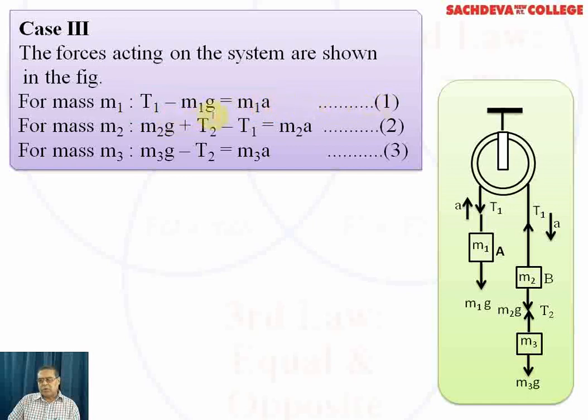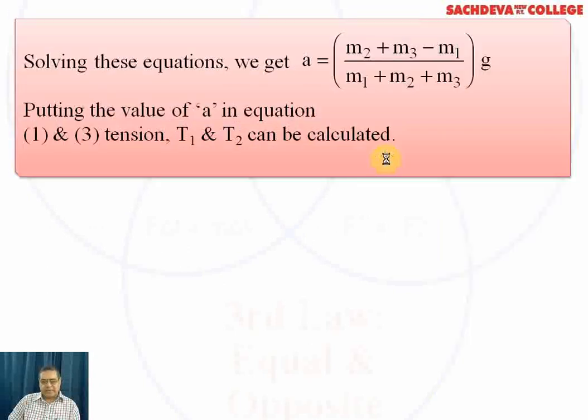Then for mass m2, according to the figure, m2g plus T2 minus T1 is equal to m2a. And for the third mass, m3g minus T2 is equal to m3a. These three equations are formed, and from here we have to estimate the value of tension and acceleration.